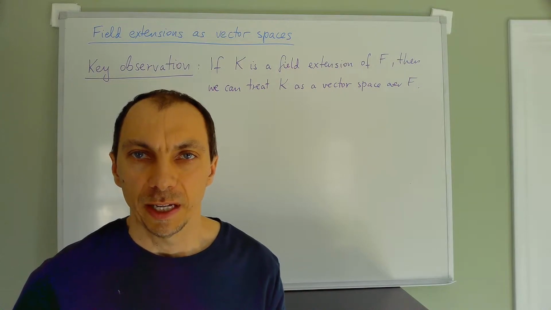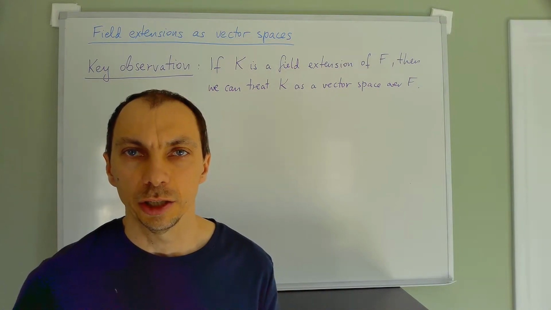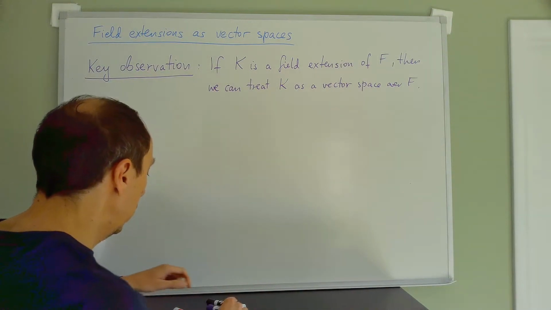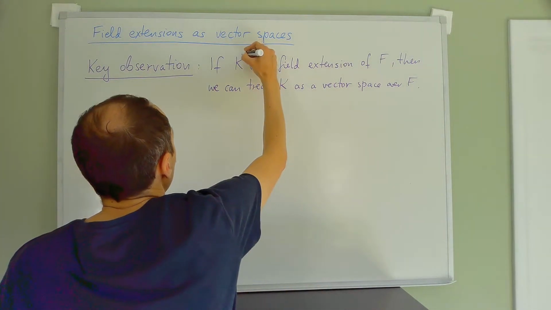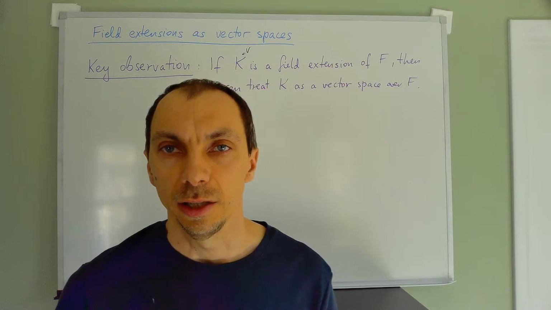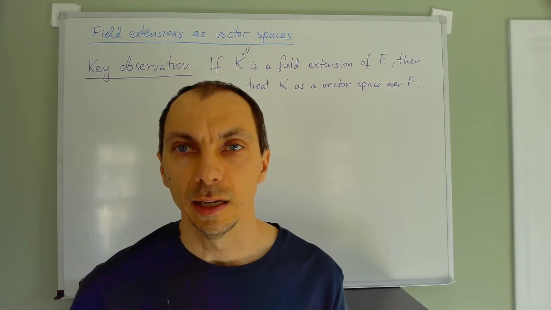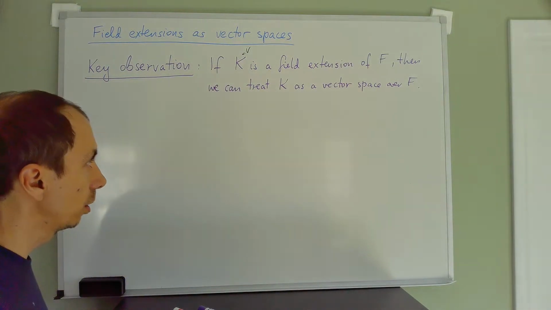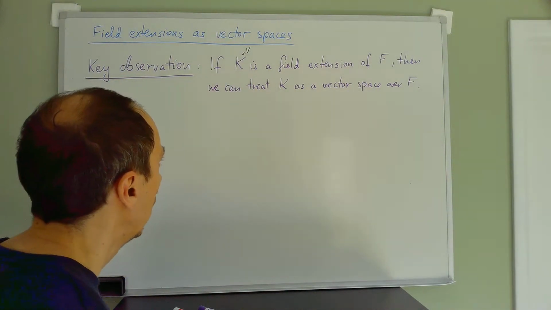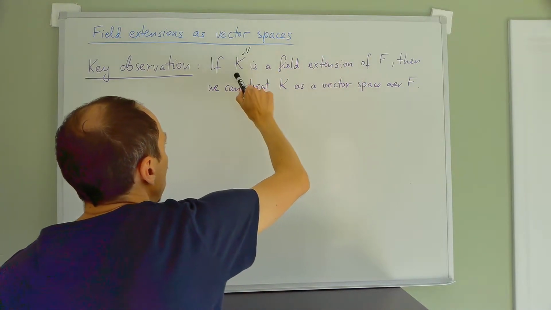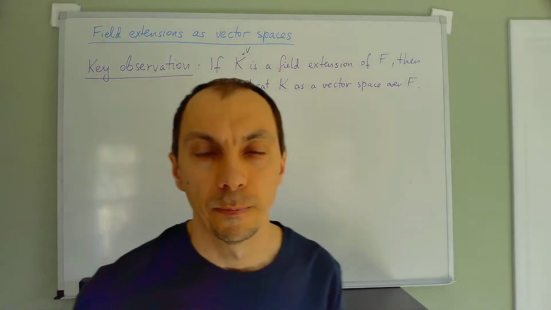To have a vector space, you need to have two operations: addition and scalar multiplication. What will be the addition? So K is our V, right? This is sort of secretly our V. What is the addition in this V? Just addition in K. K is a field, so it comes with an addition. What's the scalar multiplication? So I have to tell you how to multiply a scalar that comes from F by a vector that comes from K.